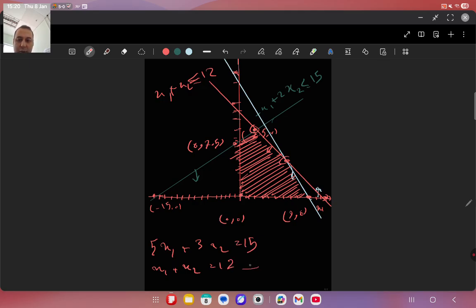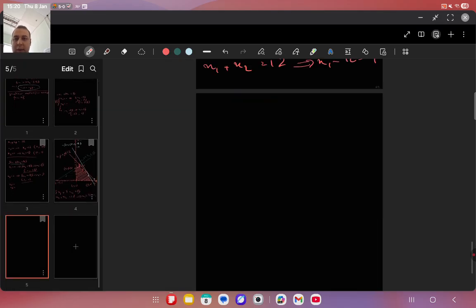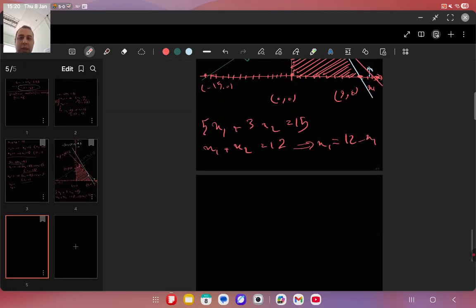Okay, so from this we know that x1 is equal to 12 minus x2. So what we have to do? We have to substitute this equation inside the first equation.